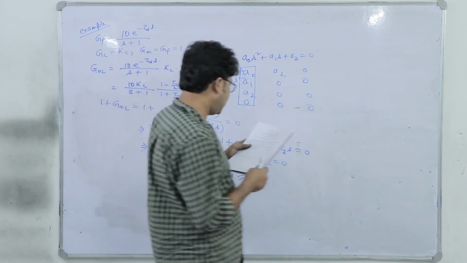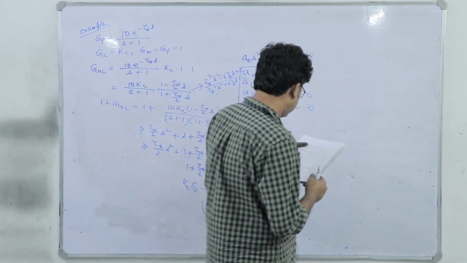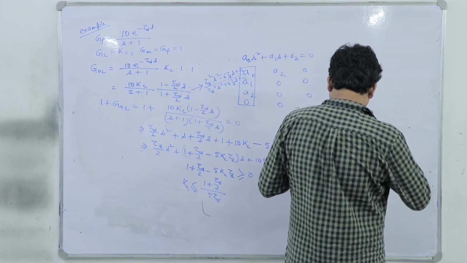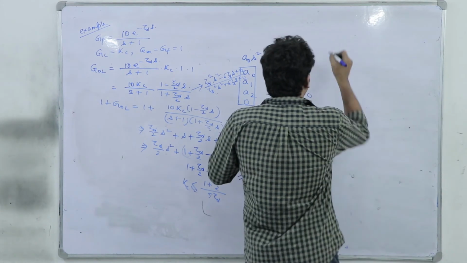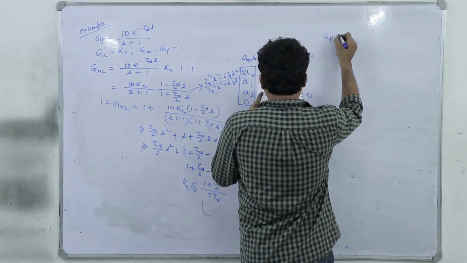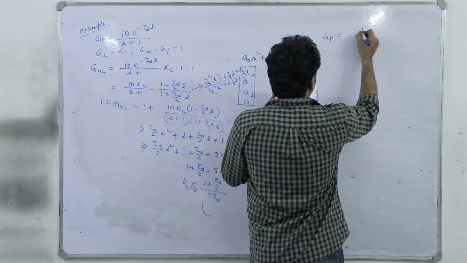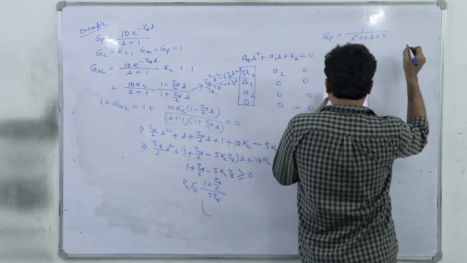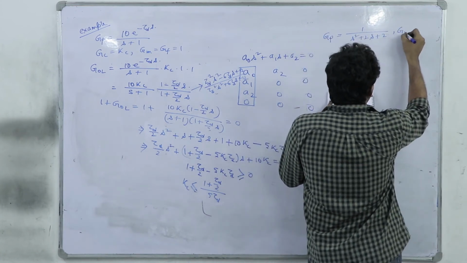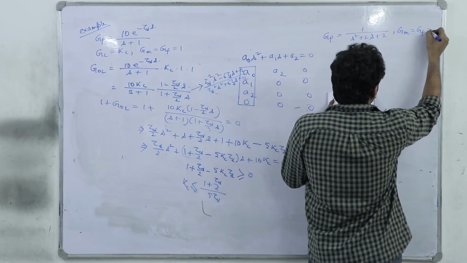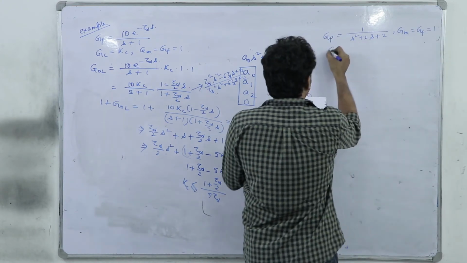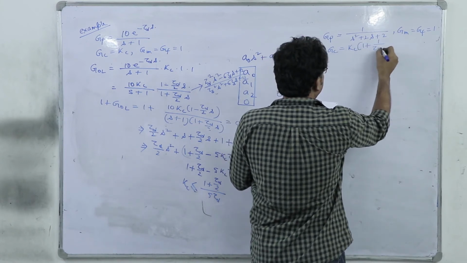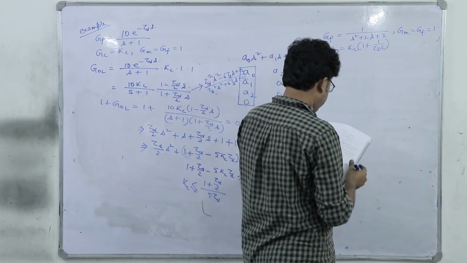So, let us solve another example which is also given in the handout. So, here Gp is equal to 1 divided by s square plus 2s plus 2, a second order system which is stable. Gm and Gf equal to 1, and we are using a PI controller, right.